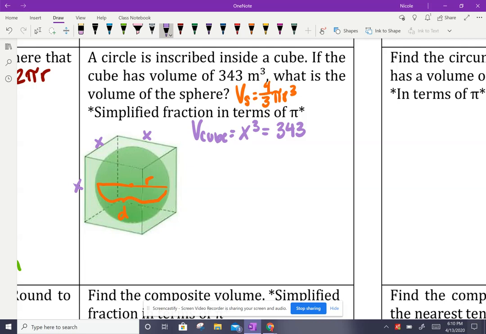The cube root gives us a side length of 7. So the diameter is 7, so our radius has to be 3.5.